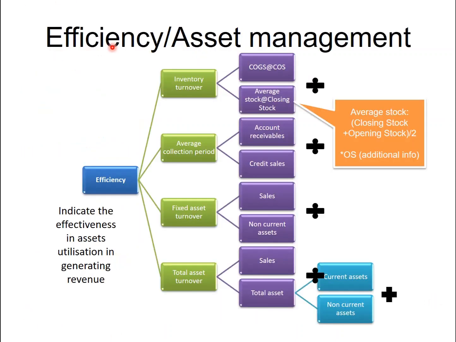Next is asset efficiency or asset management. We have four types of ratio. Basically, efficiency indicates the effectiveness in asset utilization in generating revenue. The first formula is inventory turnover, which is cost of goods sold or cost of sales divided by average stock or closing stock.